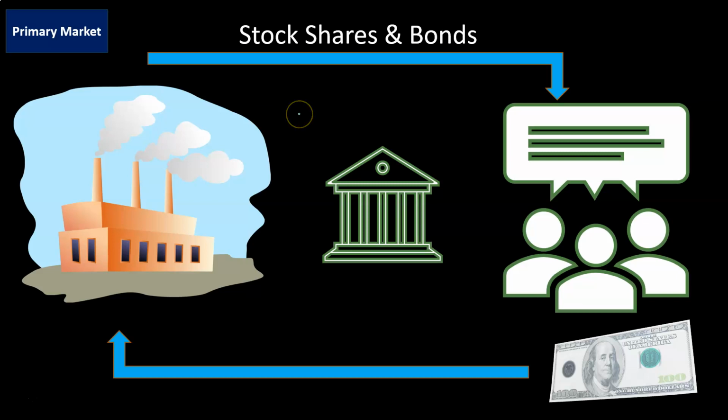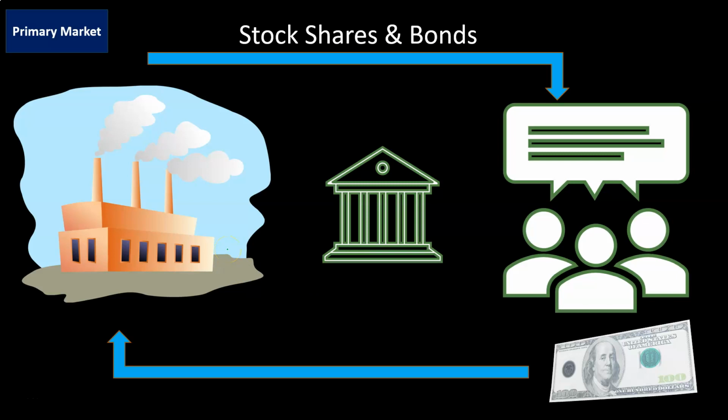Now the market is going to be the facilitator of the transaction, the financial institution facilitating it. In a primary market, the company is the one issuing the stocks or bonds.